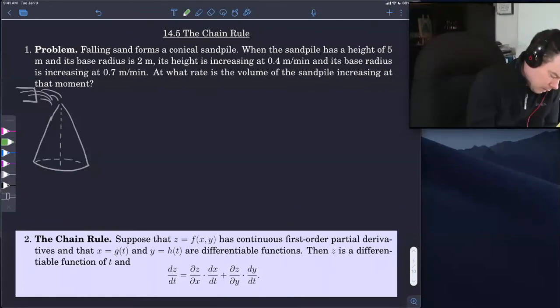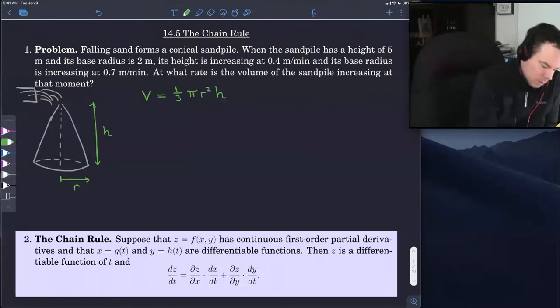So let's indicate a few things in here. There's our radius. Here's our height. What we can do from these two bits of information is fill out what the volume is. The volume of a cone is 1/3 pi r squared times h.